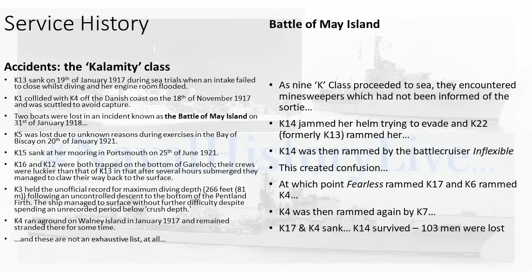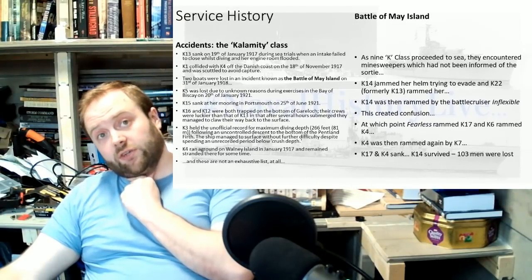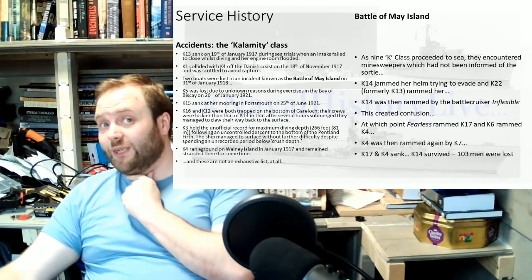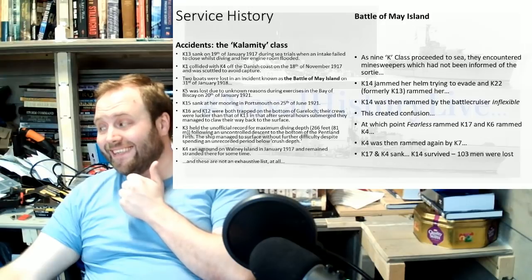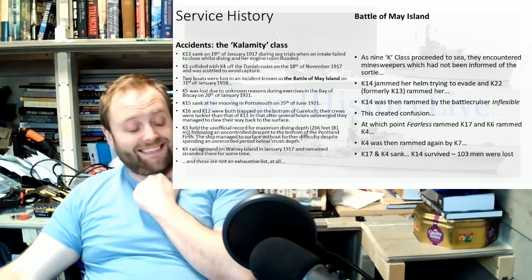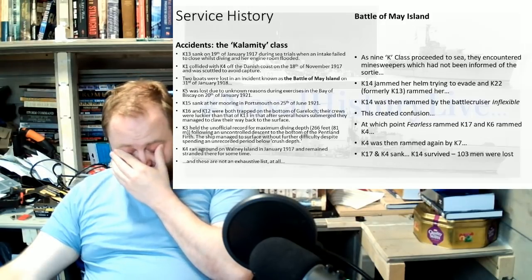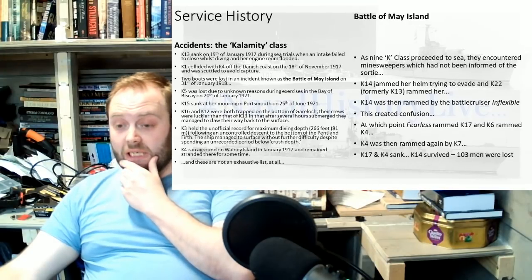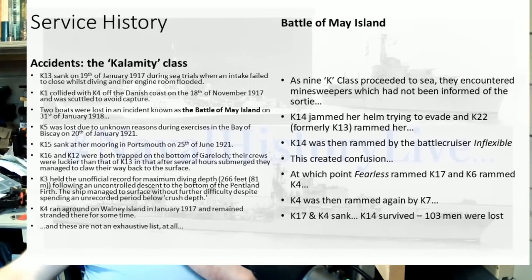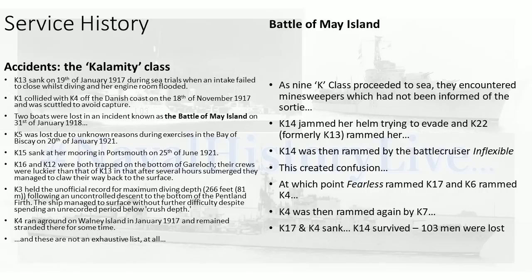K14 managed to jam her helm trying to evade them, and K22, which had been formerly named K13, another submarine which, after it sunk, the Royal Navy managed to reuse. Surely sinking once is enough. Rammed her.